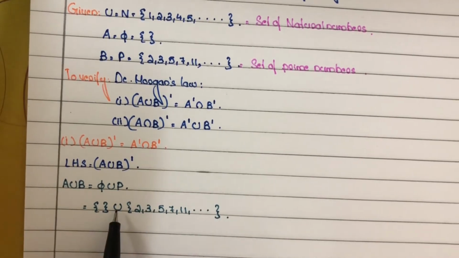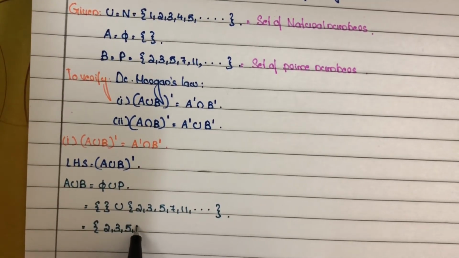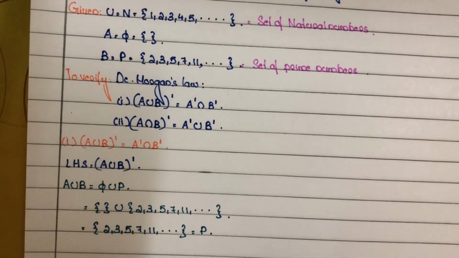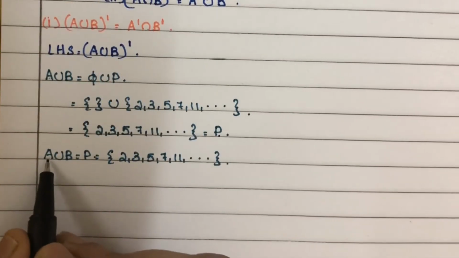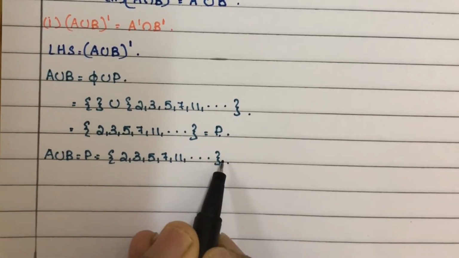By definition we know that union of two sets has the set of elements which are in either set. Here the first set has no element and the second set is a set of prime numbers. So union answer is set of prime numbers 2, 3, 5, 7, 11, etc. That is equal to P. A union B is equal to P, set of prime numbers.